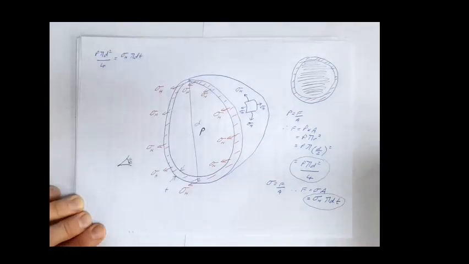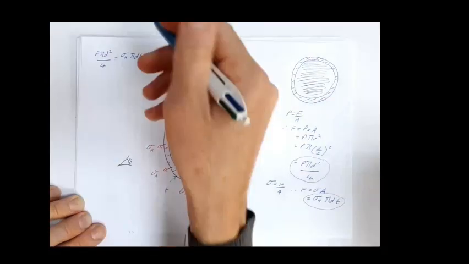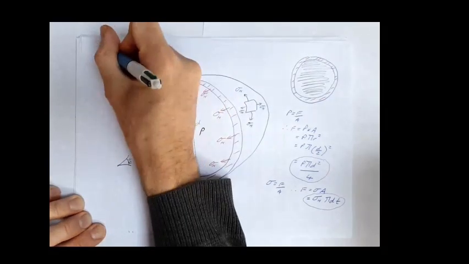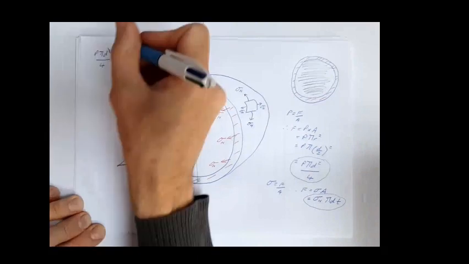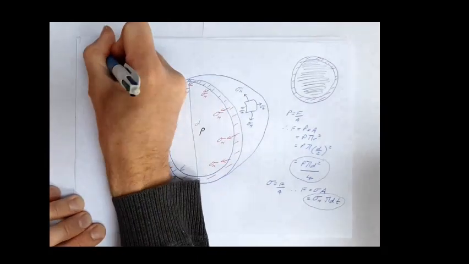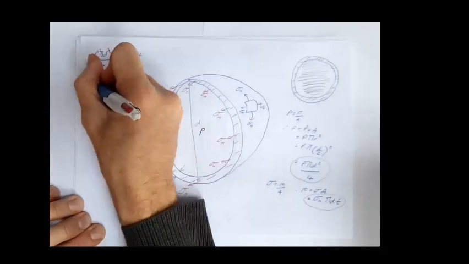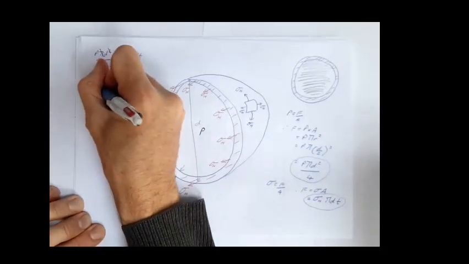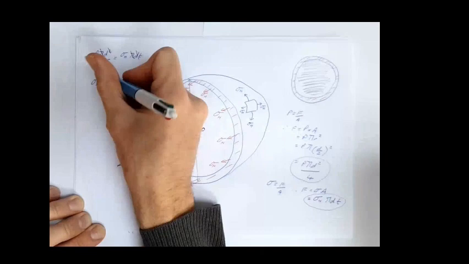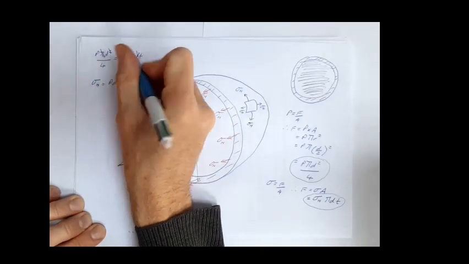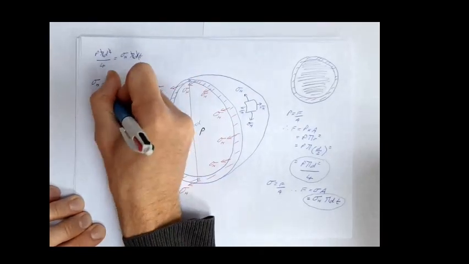Okay, so that d cancels with the second d there. That pi cancels with that pi. So what do we end up with? My hoop stress equals PD over 4T.